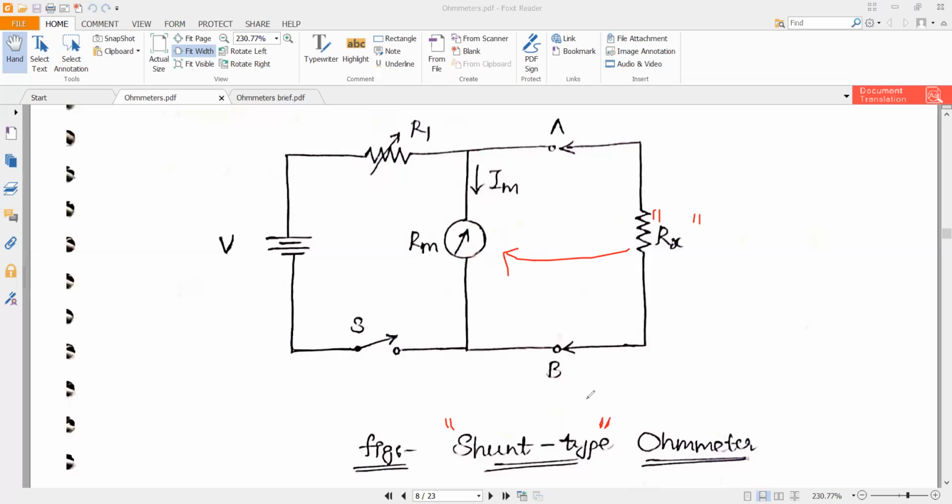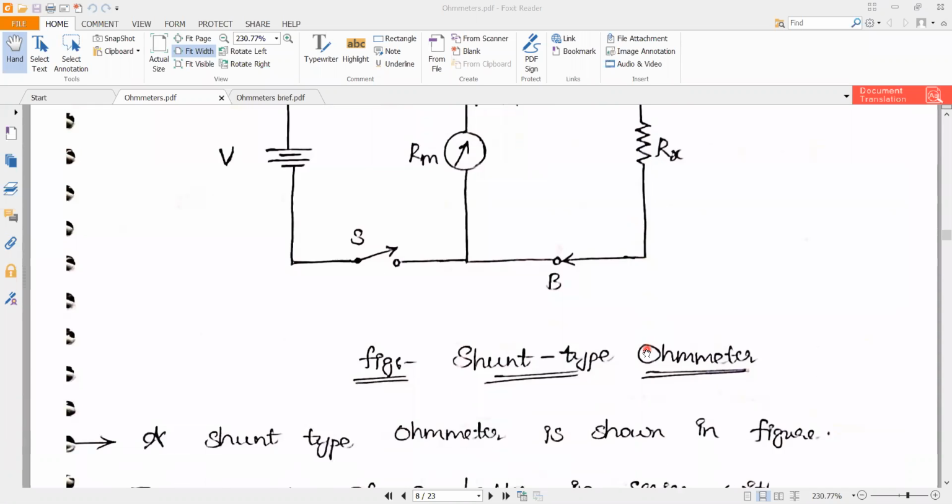If this switch is closed, again I will consider two cases, that is Rx equal to 0 and Rx equal to infinity. Then we can explain what is happening inside this circuit. This is about the construction part of the shunt type ohm meter.